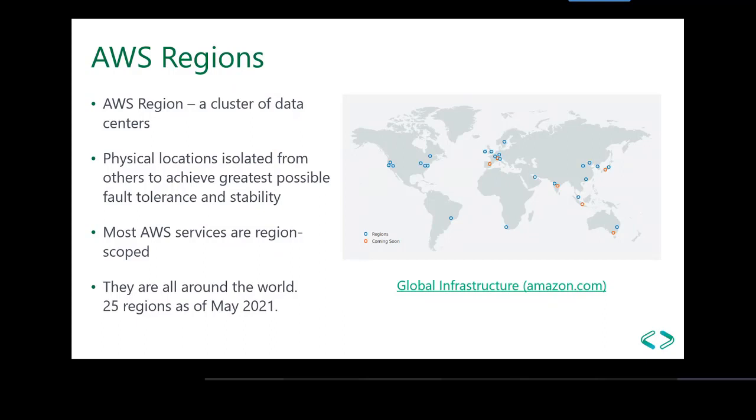Most AWS services are region scoped. As of May 2021, just last week when I was preparing for this presentation, there were 25 regions. The blue dots you see on the map are the ones that are available, and the orange ones are coming soon.